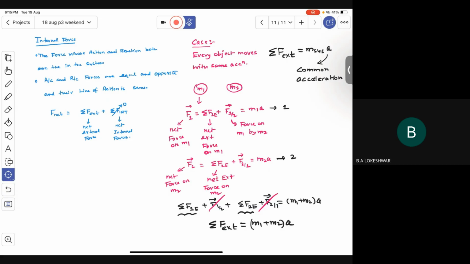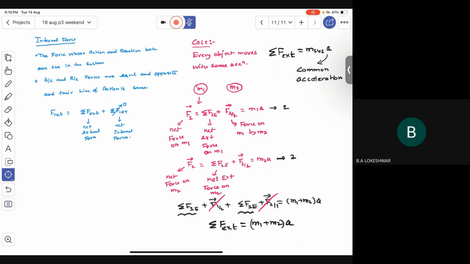So I'll apply the same thing to that previous question. Have a look, everyone; I'll take a new page. Whenever every object in a system moves with the same acceleration, you can write net external force equals mass of the system into A. In such cases, you will not think at all about the internal forces, the forces they apply on each other.